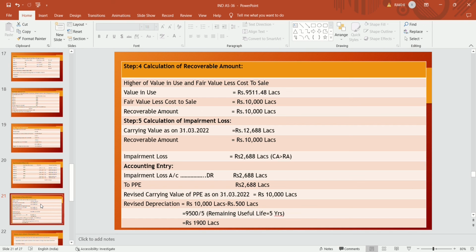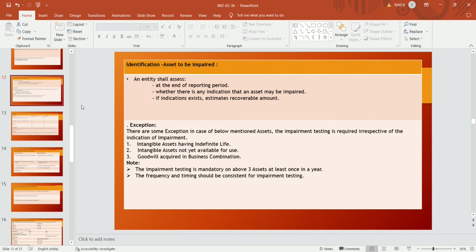After 3 years there is an impairment loss, then a revised carrying value, then a revised depreciation for the remaining useful life of the asset. The remaining useful life is 5 years, so the revised depreciation is 10,000 minus 500 divided by 5.